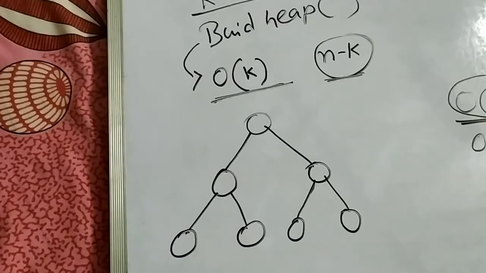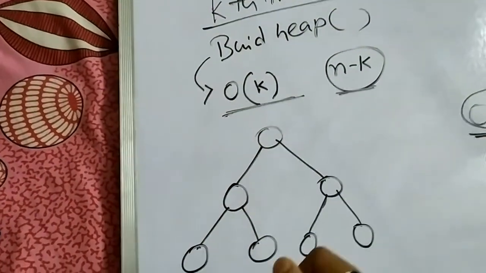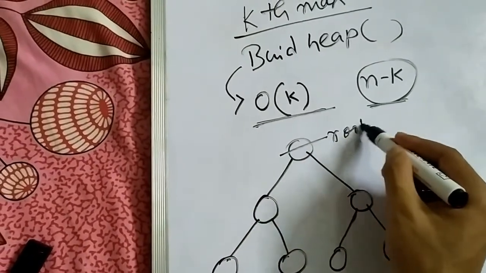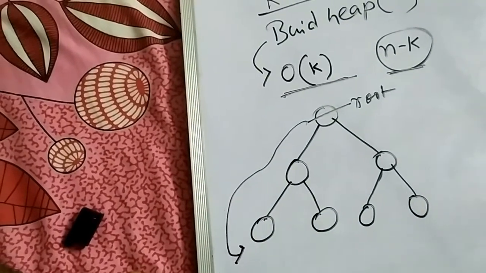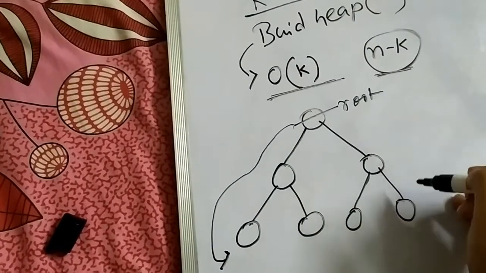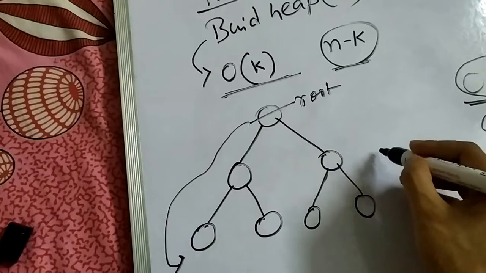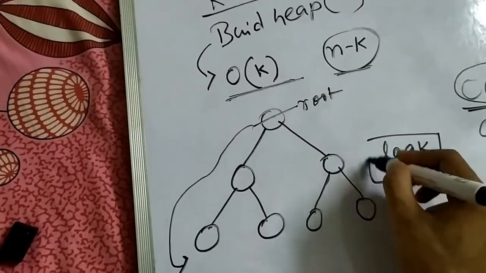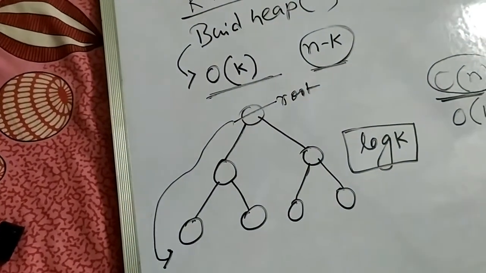There is a possibility that the current value which we have encountered and replaced with the root will come down to a leaf node. That means the number of comparisons will be equal to the height of our tree. So it will take a maximum of log k comparisons, because the height of our heap is log k.